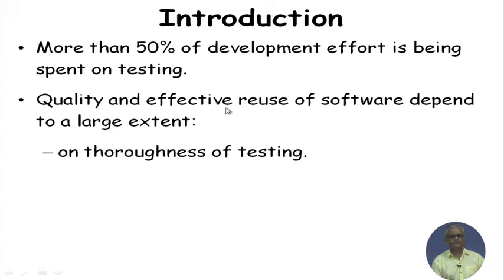If we look at the research data that is made available, a typical development organization spends 50% of its effort on testing, and the rest 50% on specification, design, coding, etc. The main reason behind spending such huge effort on testing is that the quality of the software depends to a large extent on the thoroughness of testing.